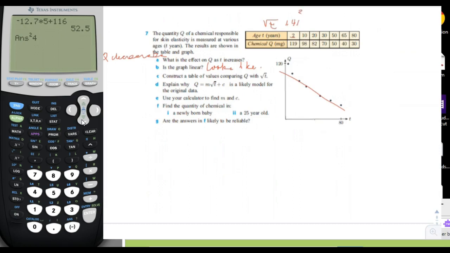Square root of 10 is like 3.16. Okay. And so I'm going to make square root of T values for each one of these. I don't know the square root of 20 by heart or anything, so I'm going to fill these up.